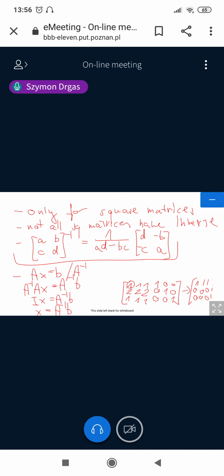So you can solve a system of linear equations Ax equal to b by multiplying b by A inverse, and then you will obtain the vector x with the values of the unknowns of this system.